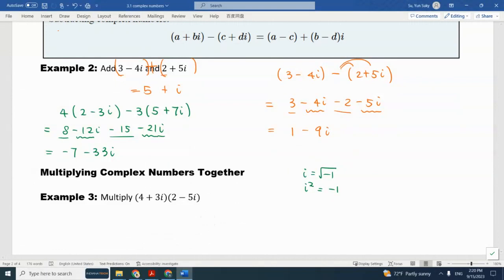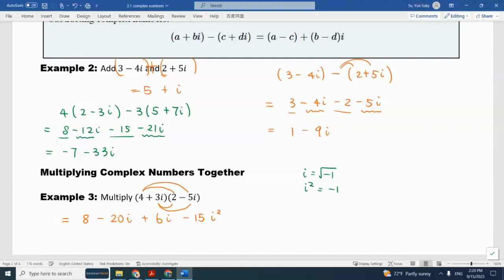Okay, so multiply the 4 first. What's 4 times 2? 8. 4 times negative 5i. Negative 20i. And then we look at the 3, right? 3i times 2. Plus 6i. 3i times negative 5i.